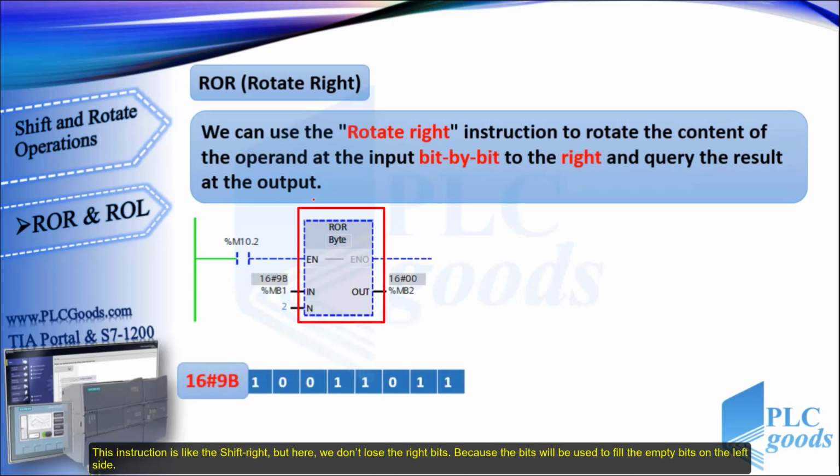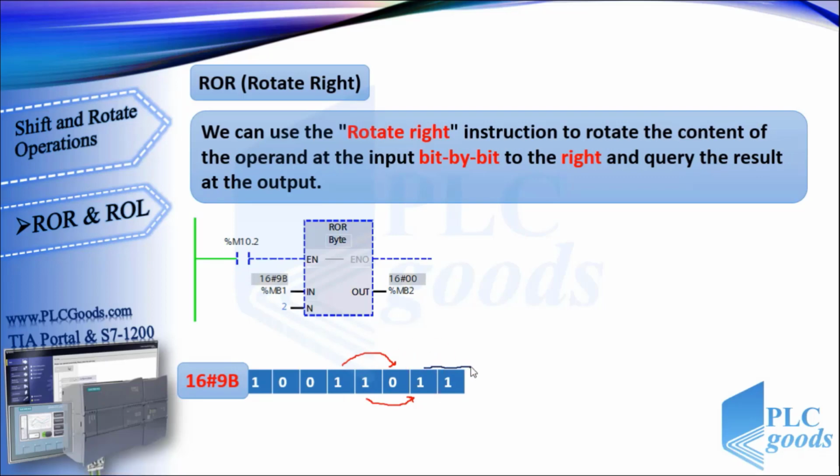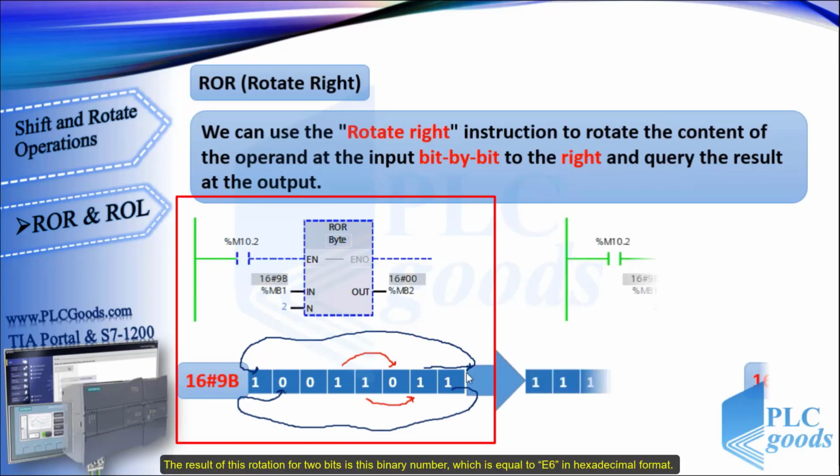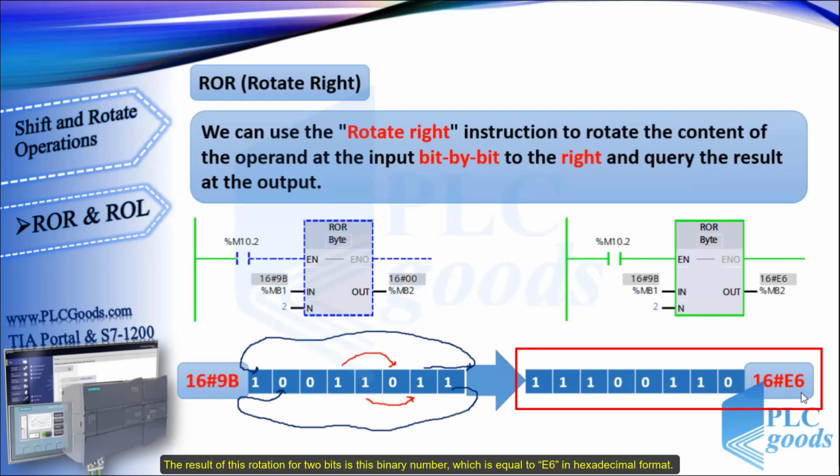This instruction is like the shift right, but here we don't lose the right bits because the bits will be used to fill the empty bits on the left side. The result of this rotation for 2 bits is this binary number, which is equal to E6 in hexadecimal format.